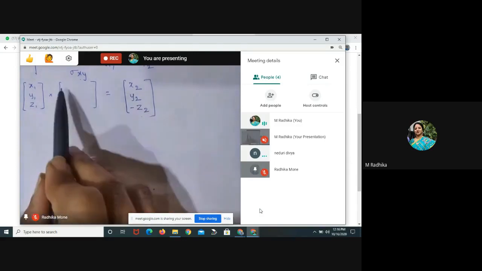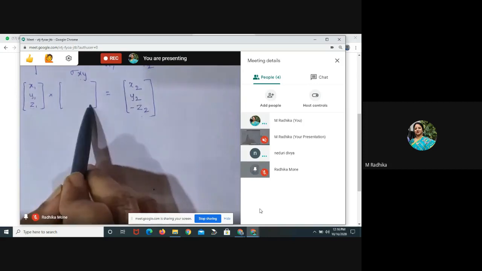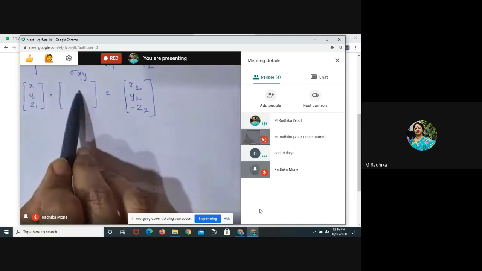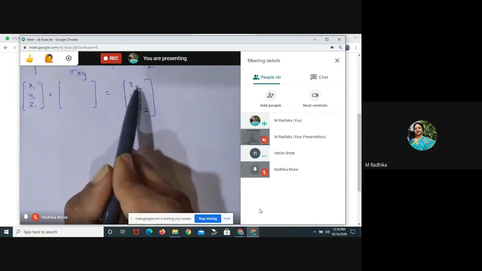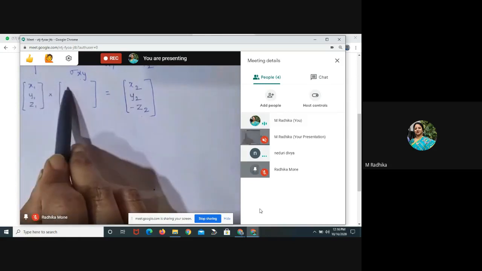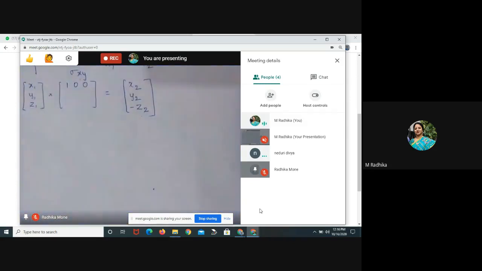So what should the matrix be, so that when I multiply it with this, I will get this? Here it should be x2. With what should I multiply? 1 0 0. Just now we have done the identity, right?